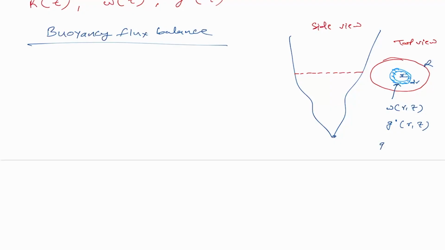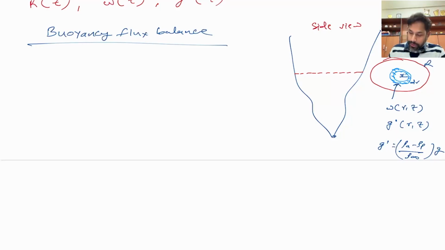And what is g prime again? That is rho a minus rho p by rho infinity, where rho infinity is the reference density, multiplied with g.